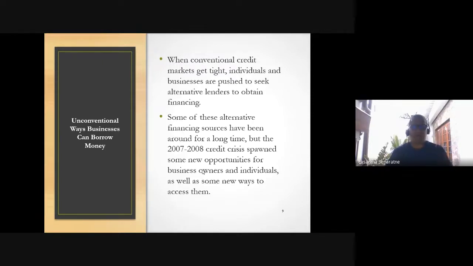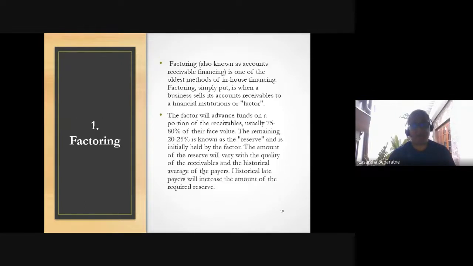Some of these alternative financing sources have been around for a long time, but the 2007-2008 credit crisis spawned some new opportunities for business owners and individuals, as well as some new ways to access them. So you saw the credit crunch I showed you, creating CDOs and getting money was a new business opportunity.